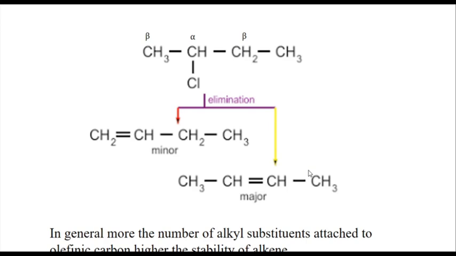Okay, so in general the more alkyl substituents attached to the olefinic carbon, the higher the stability of the alkene. So Saytzeff rule states that the more substituted alkene is obtained as the major product by the elimination reaction, since the more alkyl groups there are, due to the plus inductive effect, the more the stability of the alkene increases. Okay, so as the number of alkyl groups increases, due to the more pronounced plus inductive effect, the stability of the alkene increases.